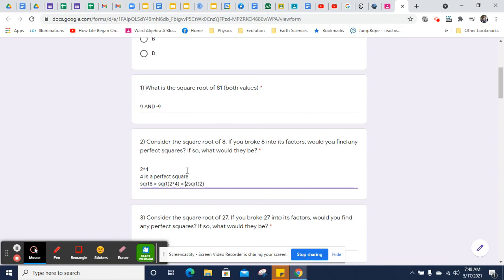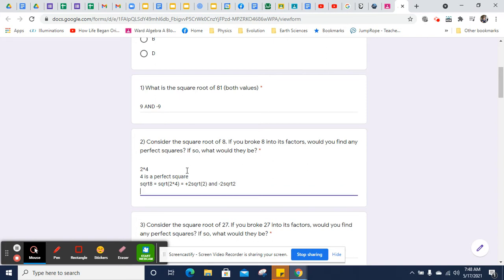However, there is a plus version of this and a minus version. I'm going to write it like this, 2 square root of 2 and -2 square root of 2. If you want, you can write it in a compressed way. You can say plus/minus. That means plus or minus. And there's a symbol you will find that goes like this, plus or minus.